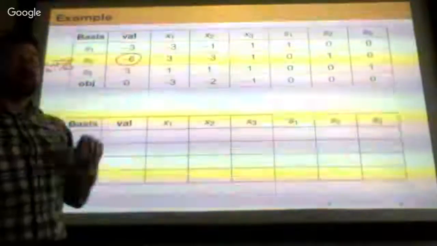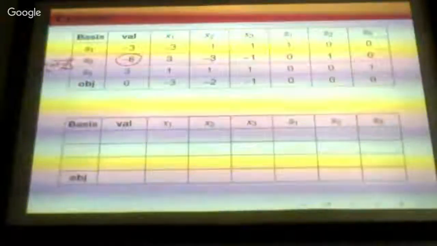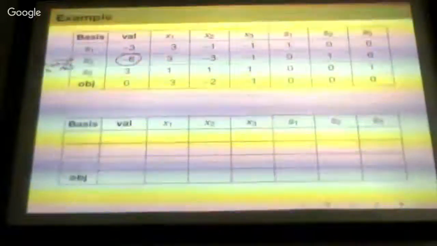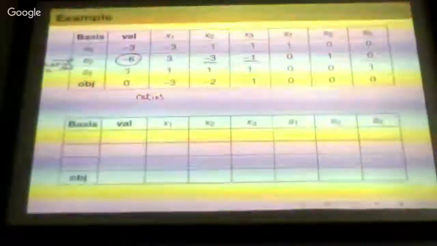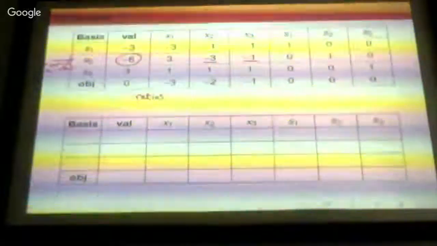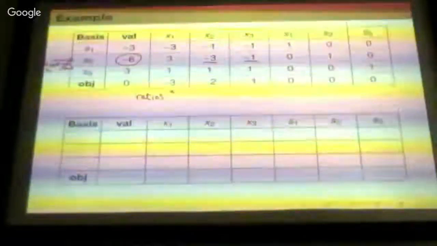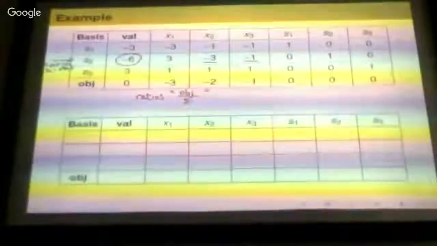And now come the ratios. So we're looking at these possible choices for a pivot element. And the ratios are, quote, because it's not really mathematical notation, the objective row entry divided by the pivot row entry.